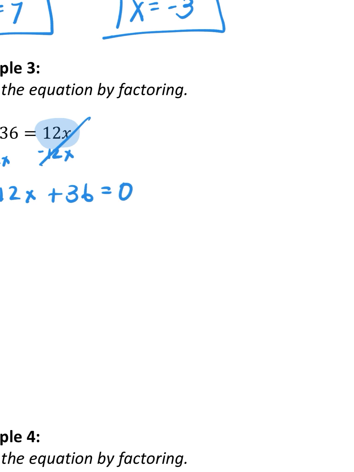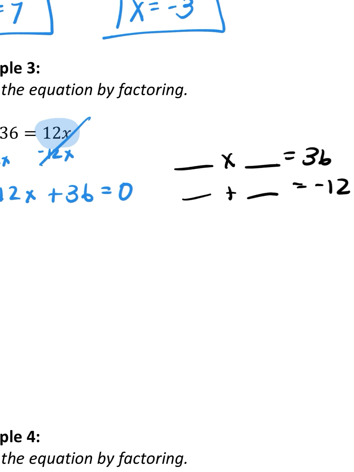All right, let's go back to our question: what two numbers multiply together to get 36? What two numbers add together to get negative 12? This one's a little trickier for me right now. Let's see, 36 is 3 and 13. Let's see, 2 and 16, is that right?